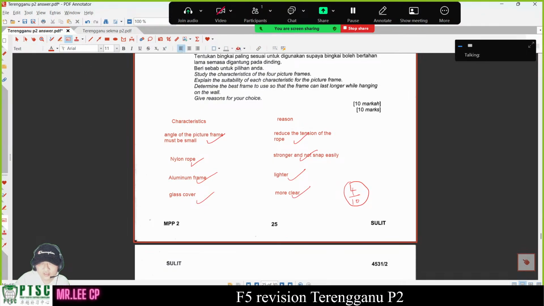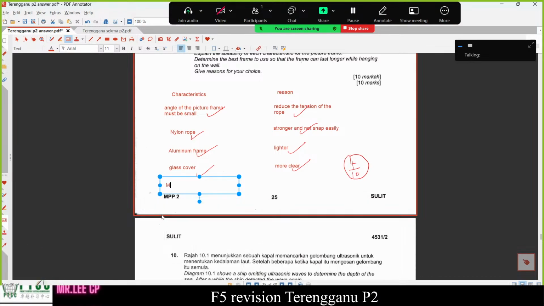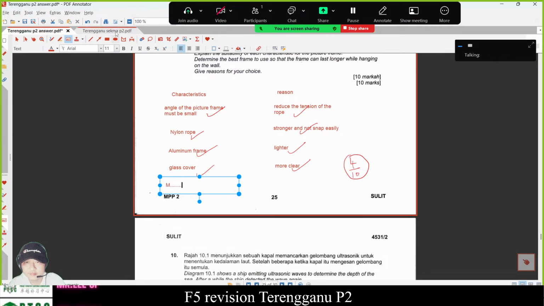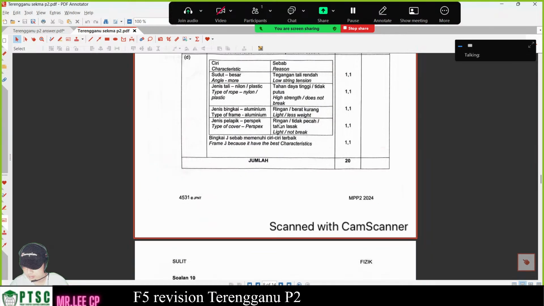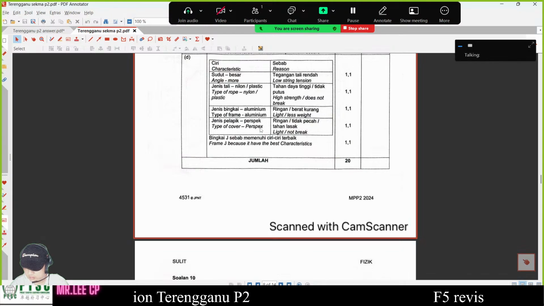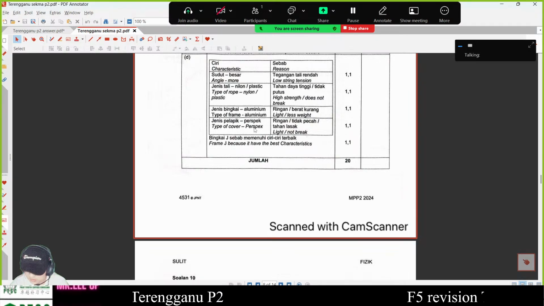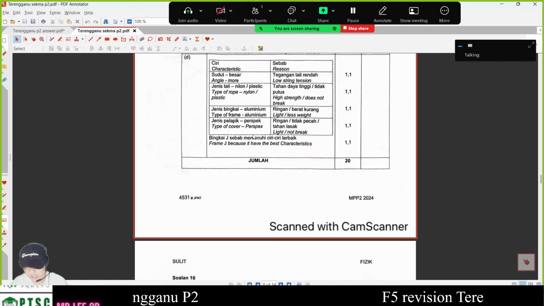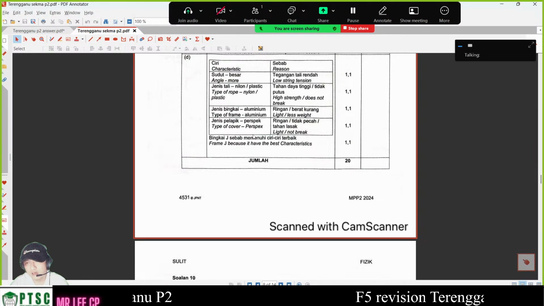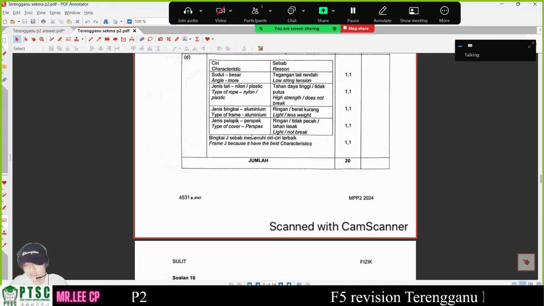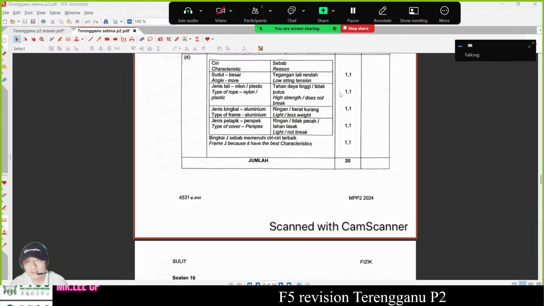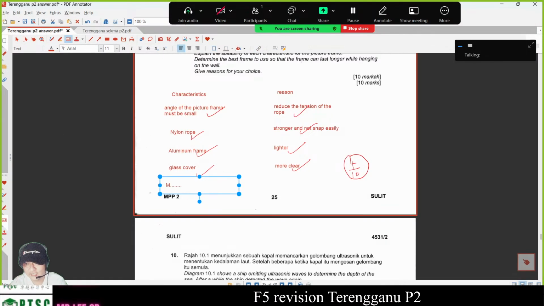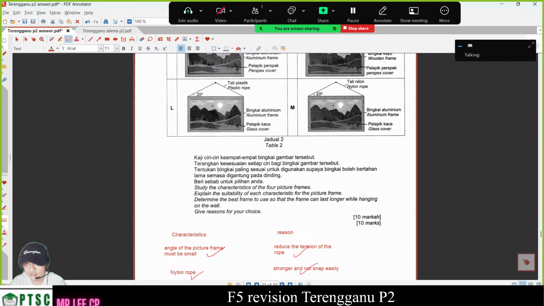So this one is M. Because how? You repeat. Not break. Perspex, not break. Perspex is lighter. Glass is heavier. But I choose glass because it is more clear. For me, I got no choice. Then I choose glass.